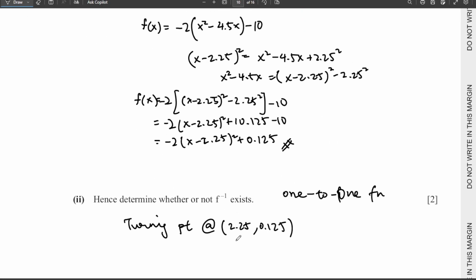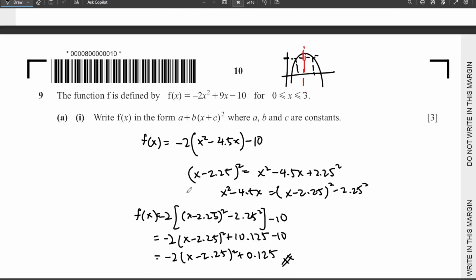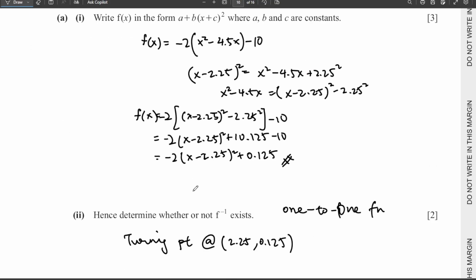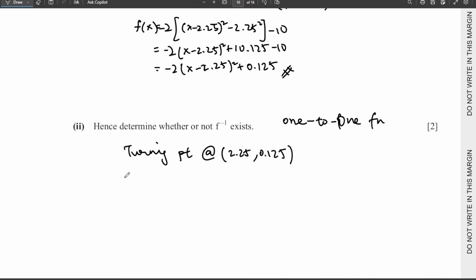Okay, and we look at the x coordinate, which is included in the domain. So therefore, obviously, it doesn't exist already. Turning point, how do you conclude this? The turning point is included in the domain.